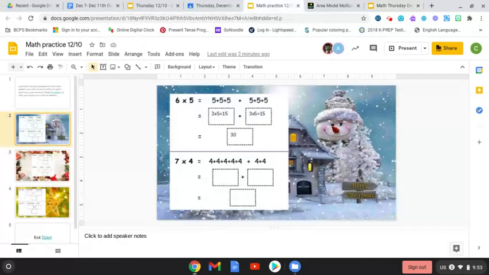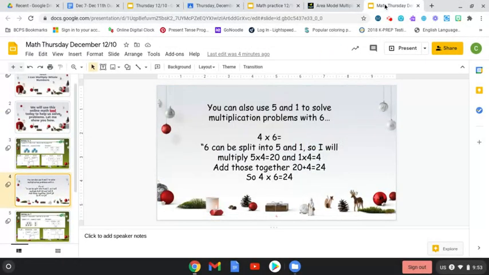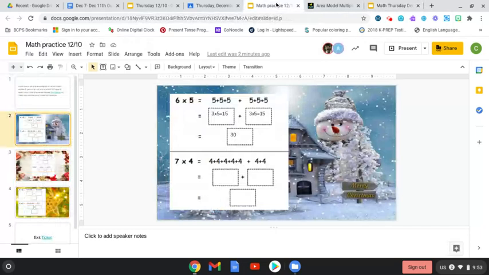So that is your math assignment for today, is to go through and use some of those strategies. If you forget the little rhyme, you can always go back to the slides because you have copies of them. Okay, now I'm going to really recommend that if the rhyme is very confusing to you, you can always just break it down into a group of 5 and something else.